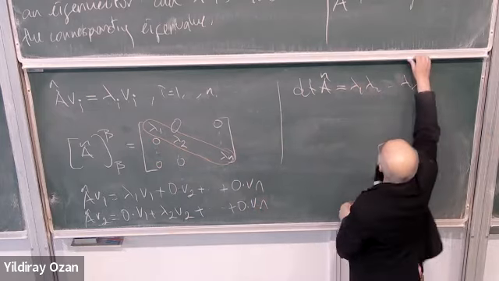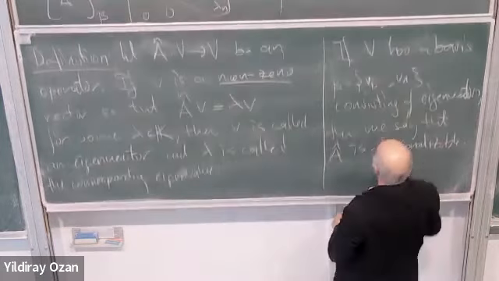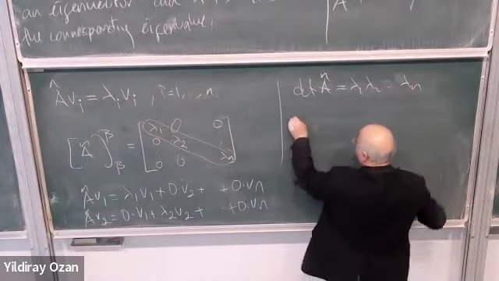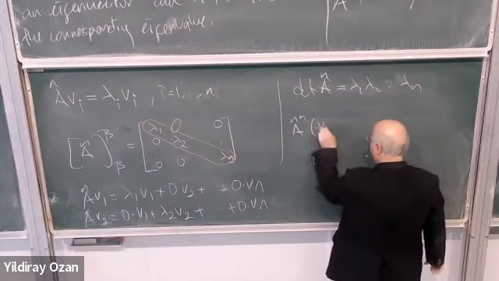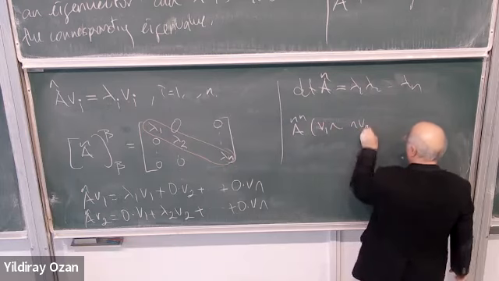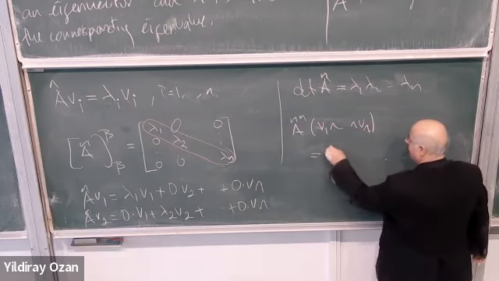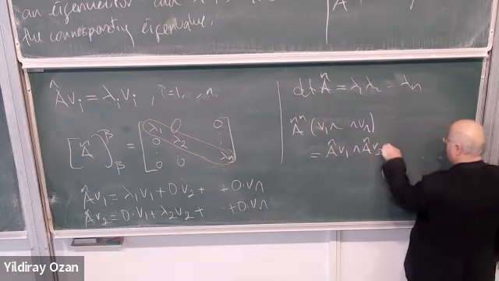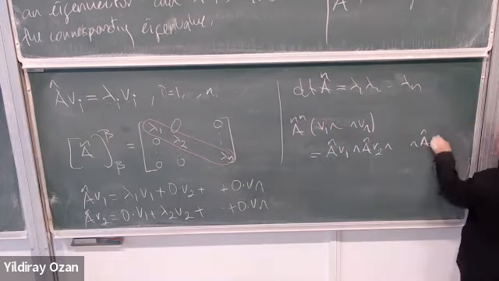Since this is the basis, I need to compute A hat in the basis V1 up to Vn. So what is this? This is just A hat V1, wedge A hat V2, wedge A hat Vn.